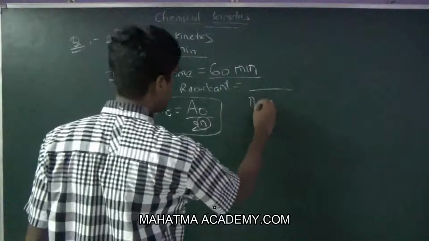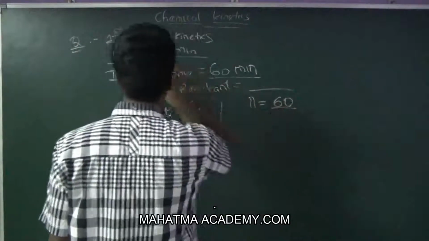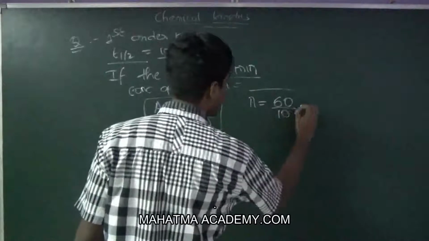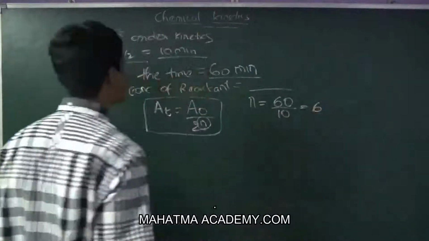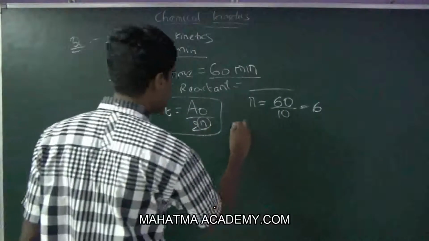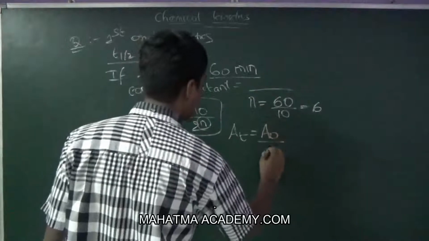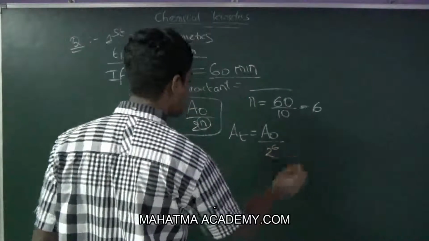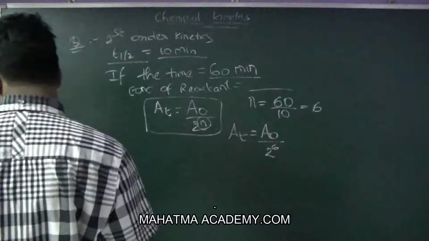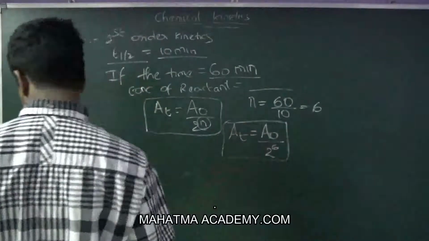Here n is equal to 60 upon t half. Here t half is 10, so it is 6. So At is equal to A naught upon 2 to the power of 6. Okay, this is the question. So simple test question.